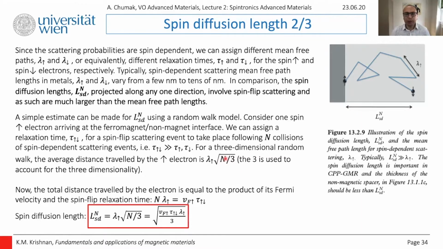But since we need to speak about 3-dimensional structures, you add here this 3. Therefore, this is the spin diffusion length in terms of the mean free path of the electron.